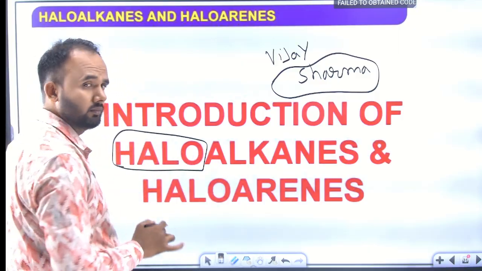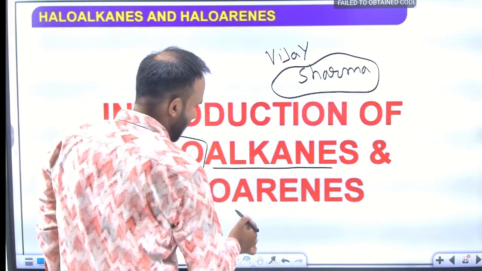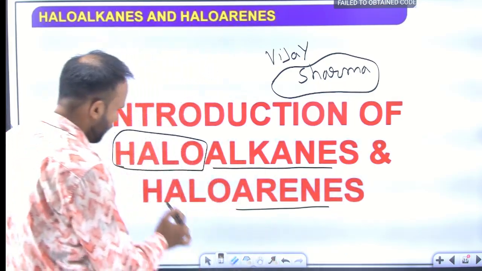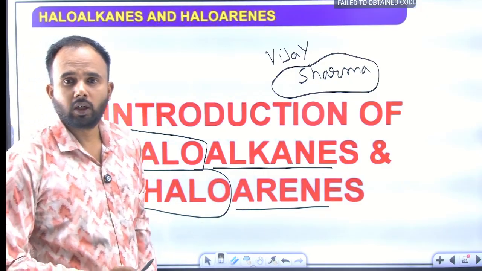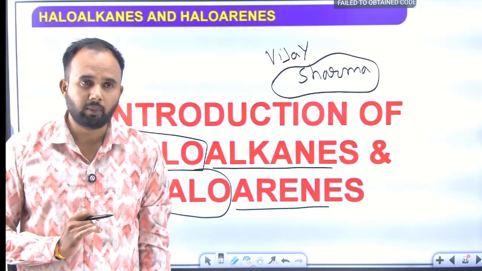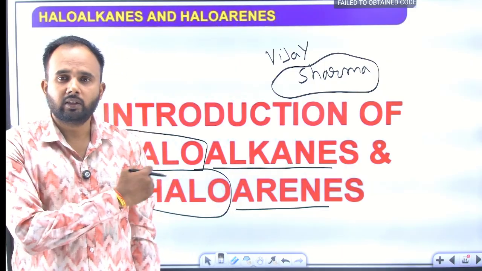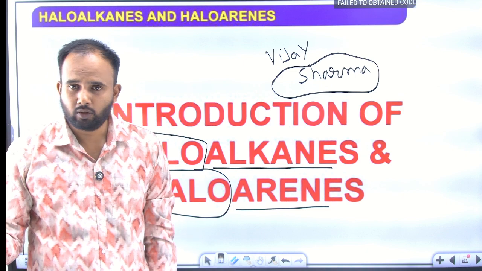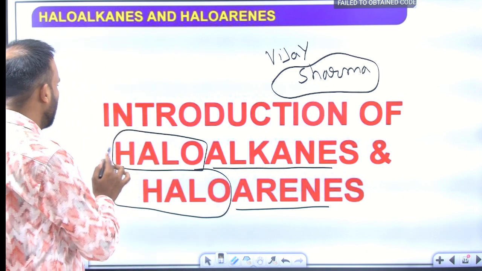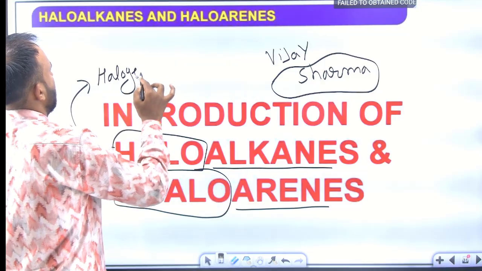Now, what is this? Haloalkanes. Alkanes you know very well, arenes you know very well. So what is the common thing here? Halo. Both belong to the halo family. Here halo is mentioned in the front, and generally we mention our surname at the back. Halo belongs to halogen.